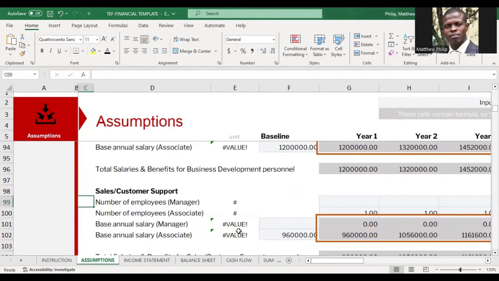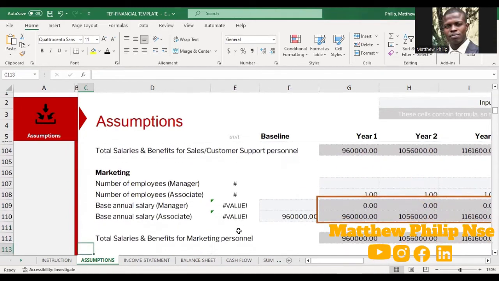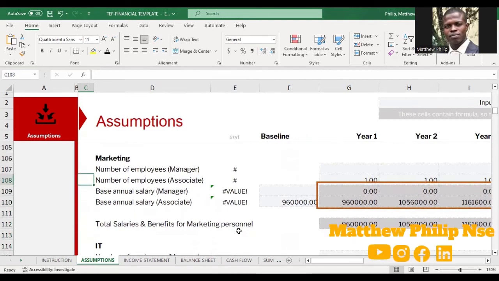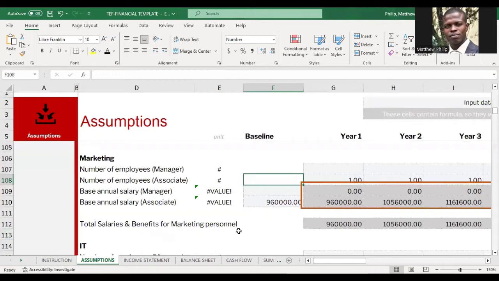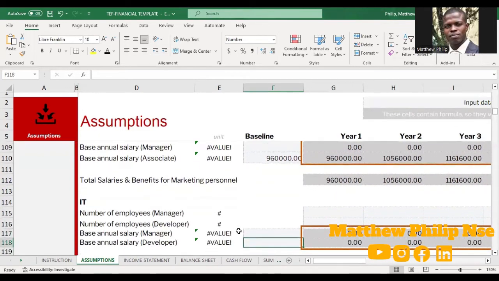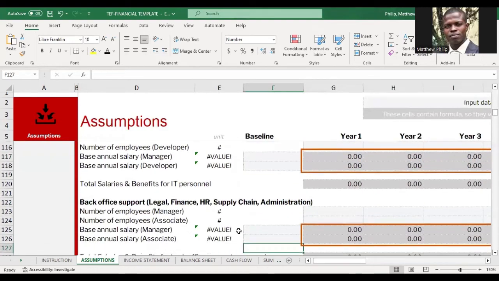All right, so let's now move to the next one, which is marketing. For marketing staff, this entrepreneur, for a start, has no manager, but there is an associate, and we have only one person. The salary there is 60,000 naira per annum. Okay, IT staff, no IT staff. Who is backup support?